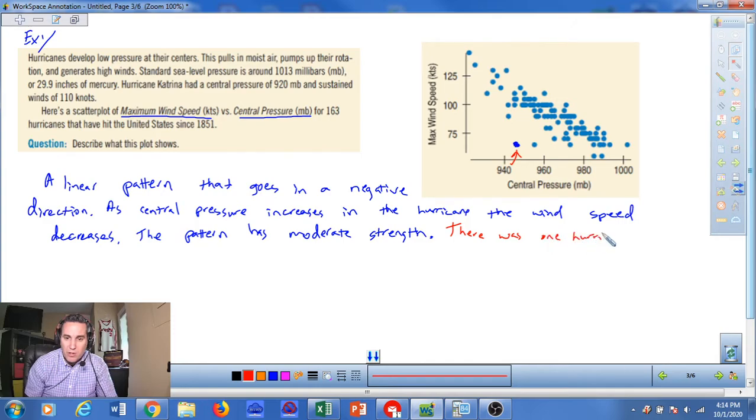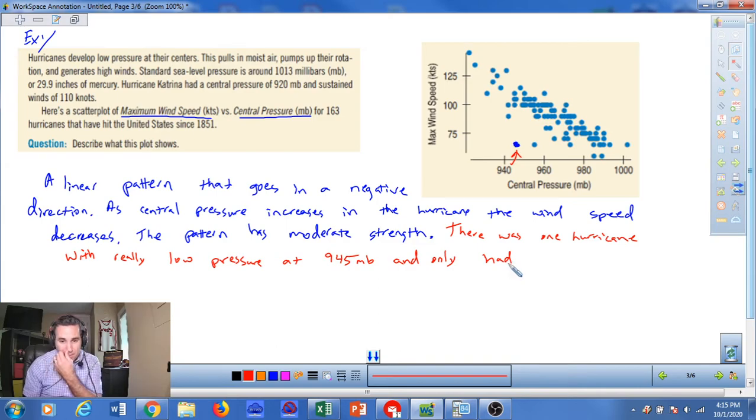And I'd be wanting to know why. There was one hurricane with really low pressure at, let's come up with a number, 945 millibars, and only had maybe 70-mile-an-hour winds. 70, not miles an hour, 70 knots in wind speed.